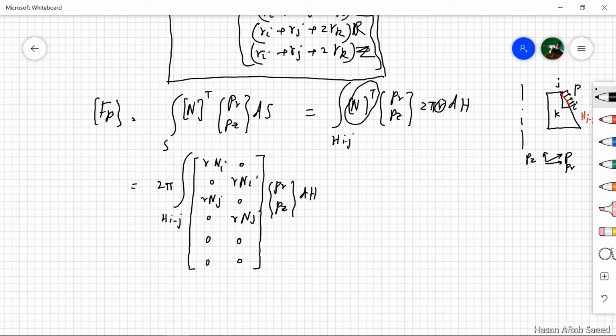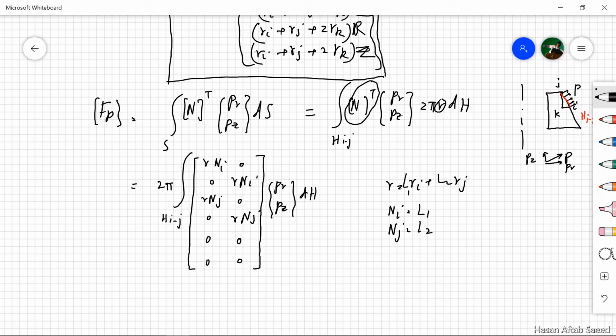Again, recalling two things. R is equal to L1 Ri plus L2 Rj. In this case, there is no k, and Ni is equal to L1 and Nj is equal to L2.